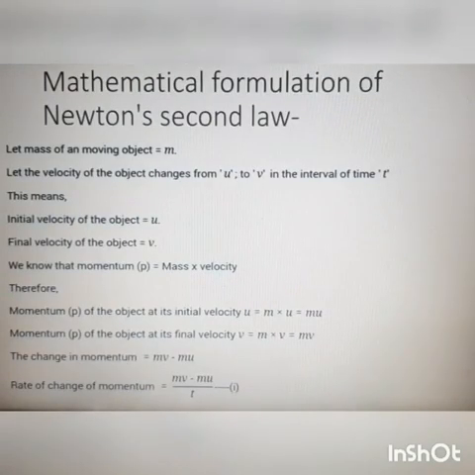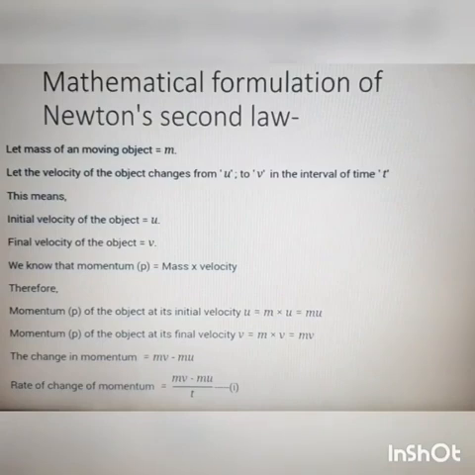In order to get to that relation, let us take a moving body of mass m whose velocity changes from u to v in time t. So, initial velocity becomes u and final velocity becomes v. We know that momentum is the product of mass and velocity.